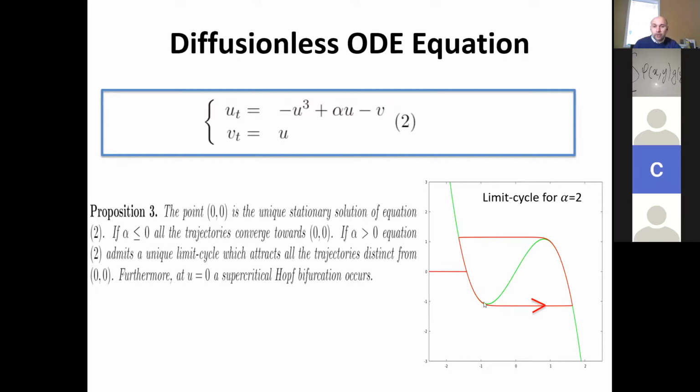You go there, from there you go there, and you have a limit cycle. So your solution started here, and then asymptotically you go around the limit cycle. Here, for example, the omega limit set is this set of R2. It's not a PDE, it's an ODE, but this definition also works for the ODE. And you can start wherever you want, you will end up around this limit cycle.